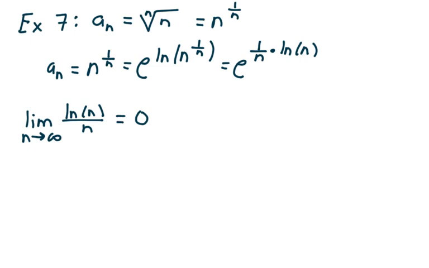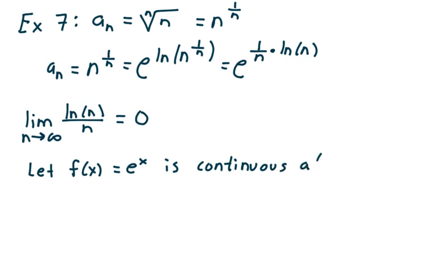If we're not comfortable making that leap, you can apply L'Hopital's rule on the corresponding function, natural log of x over x. But we do need to state this. F of x equals e to the x is continuous at 0.